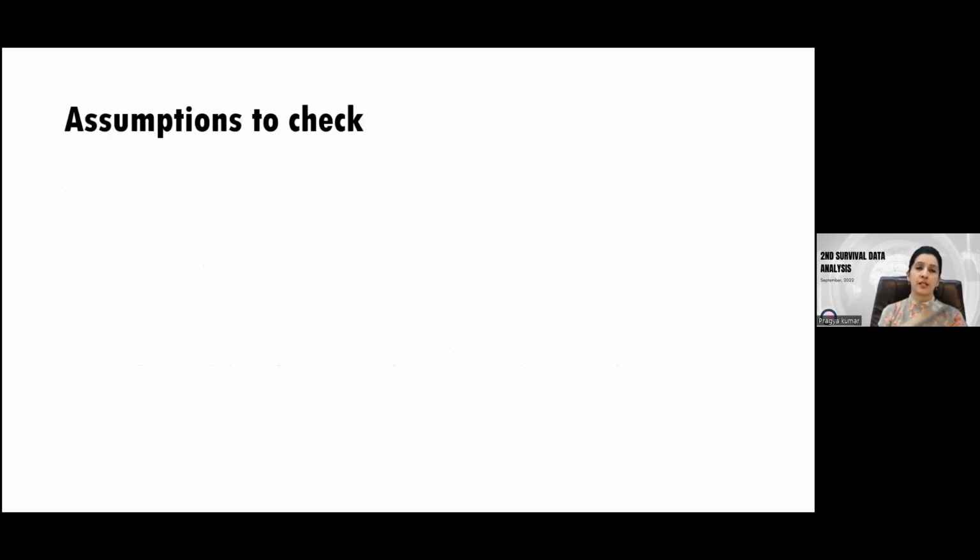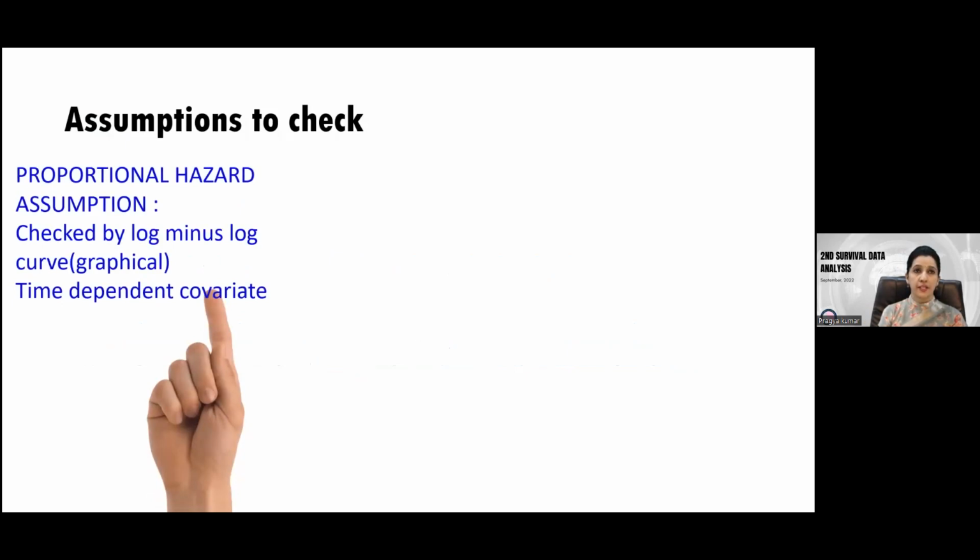Now there are a few assumptions which we need to check before we apply the Cox proportional hazard. First, the proportional hazard assumption, which we check by the log minus log curve, and second, by the time-dependent covariate. We'll see what these two are.